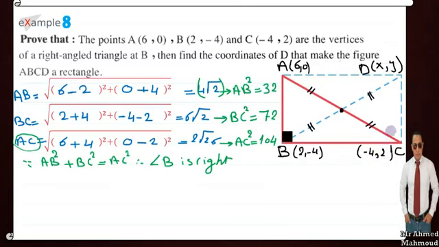Okay. Now the midpoint of AC, I will call it M. M here equals (6 plus negative 4, or 6 minus 4) over 2, and (0 plus 2) over 2.